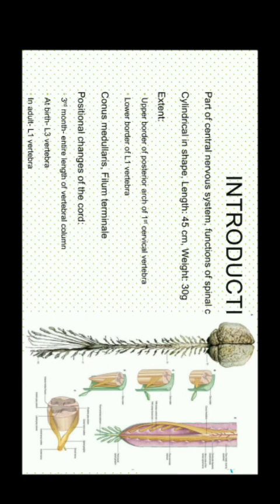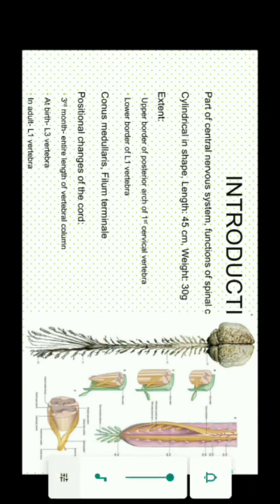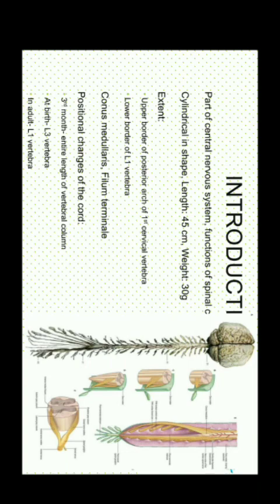Let us see the positional changes of the cord with the age. It is noted that the length of the spinal cord does not increase to that extent as compared to the length of the vertebral column. That's why at the third month the spinal cord occupies the entire length of the vertebral column.